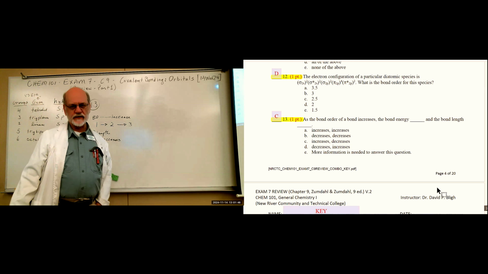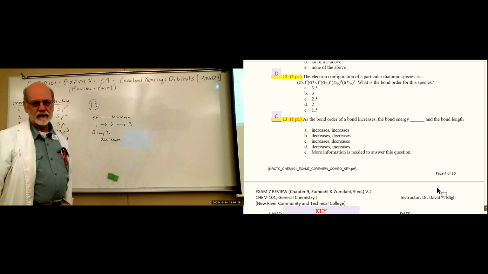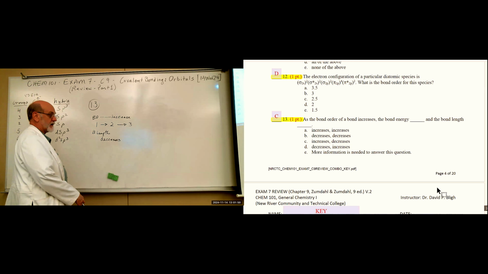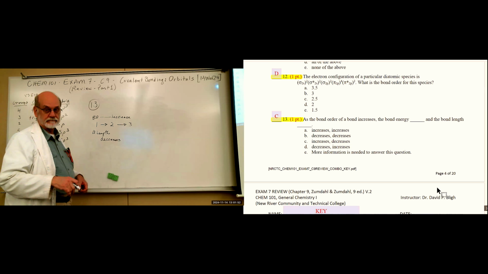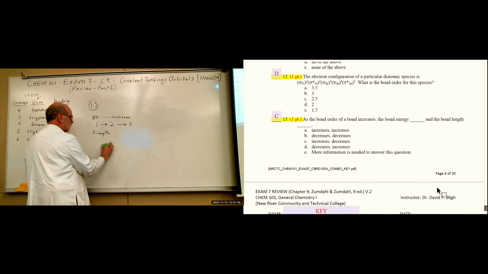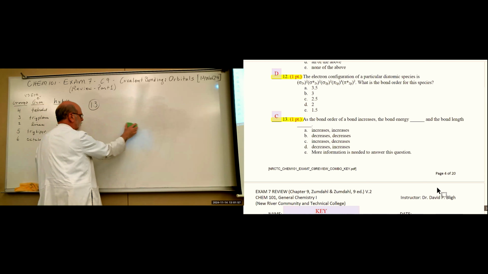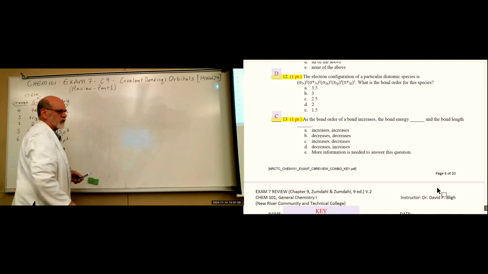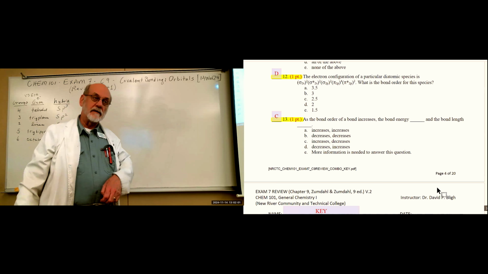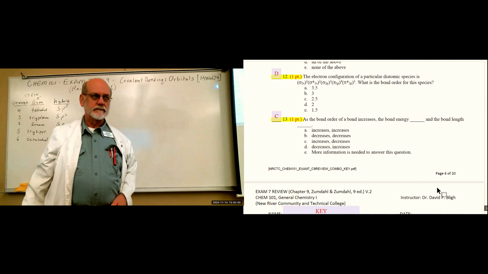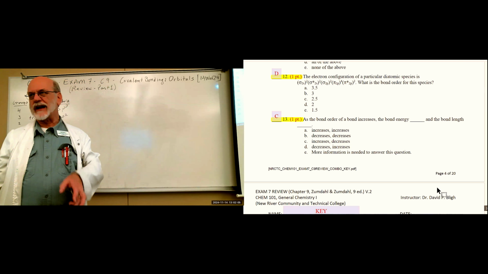So increase, decrease is C. And we don't need more information. We have all we need to know right there. And the bond order is roughly equivalent to single, double, triple. Only with bond order, you can have fractions.